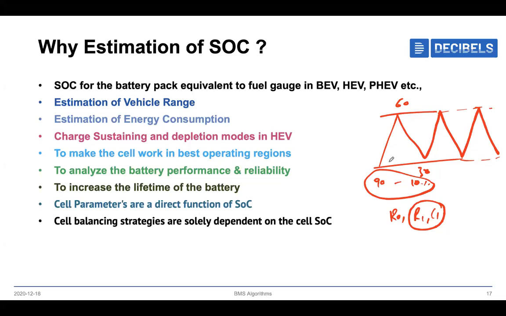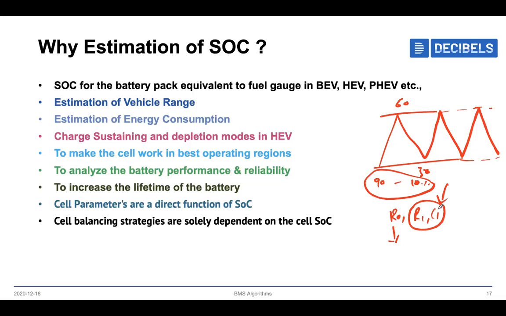In those models, we need the parameters R0, R1, and C1, and each parameter has some importance in terms of chemistry. R0 represents the internal resistance, the resistance to the flow of electrons. And R1 and C1: C1 represents the double layer capacitance, the double layer inside the cell.